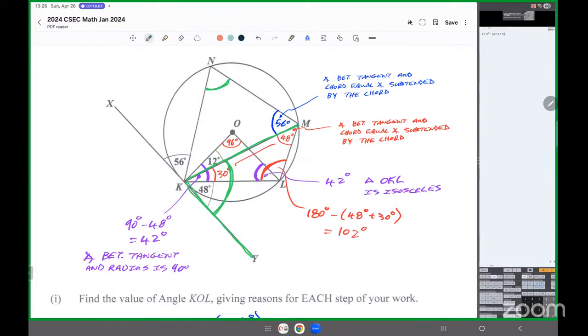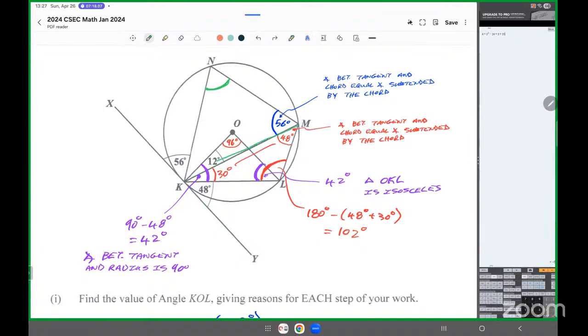So this angle must equal the sum of these two angles, because the angle between the green tangent and this green chord is equal to the angle subtended by the chord up here. The angle between these two green lines is 30 plus 48, that's 78. So this must be 78 degrees. Tangent and chord, right?